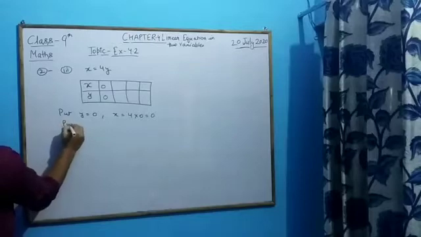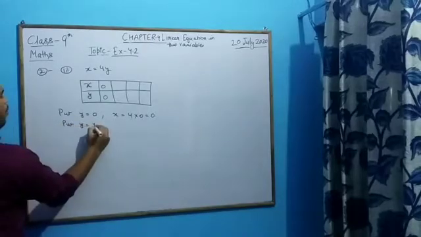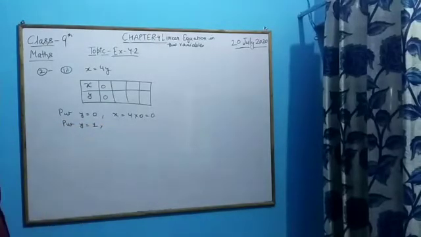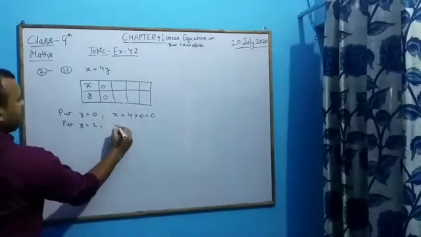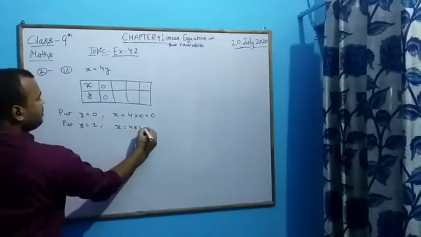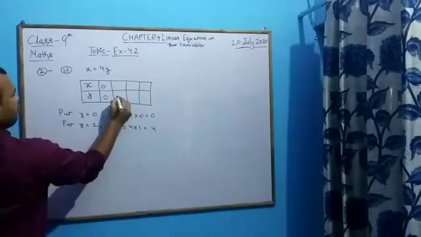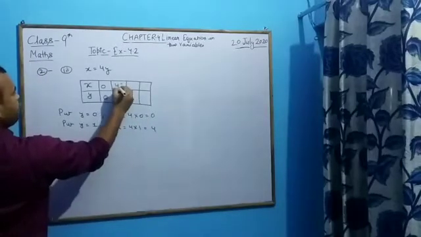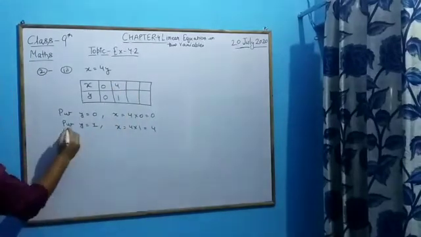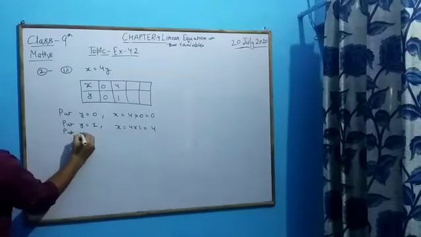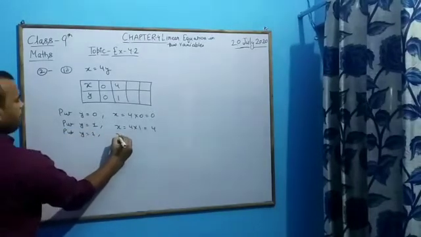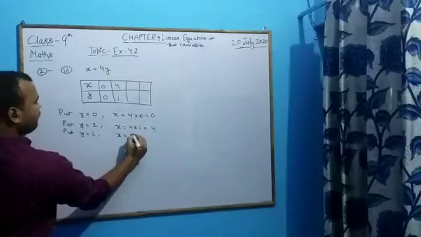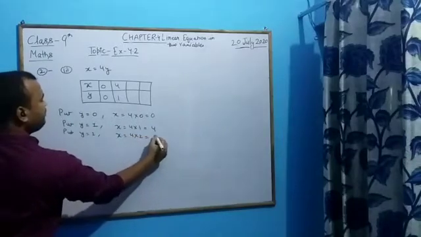Let us put y is equal to 1. What happens? When y is equal to 1, x is equal to 4 into 1, we get 4. So that is 4 comma 1. Now put y is equal to 2. x is 4 times y, that is 8.